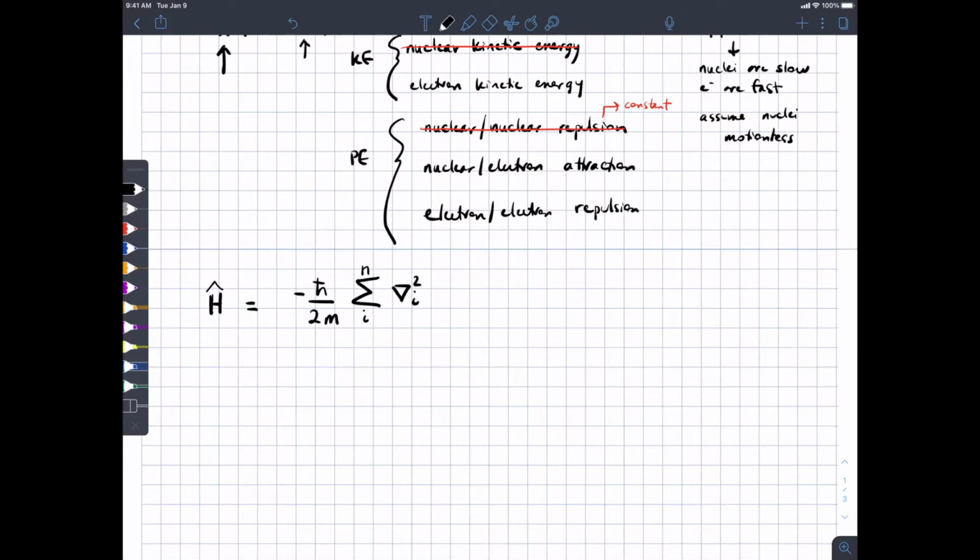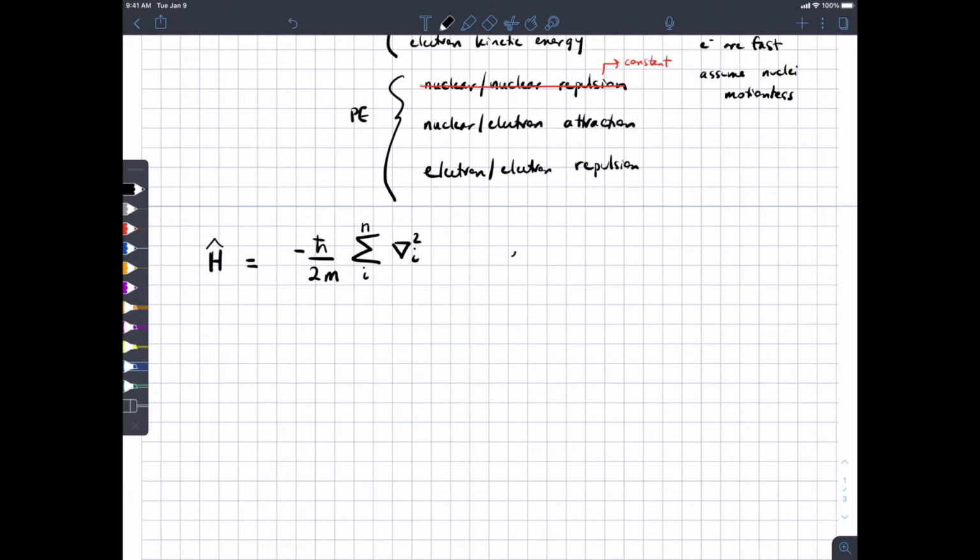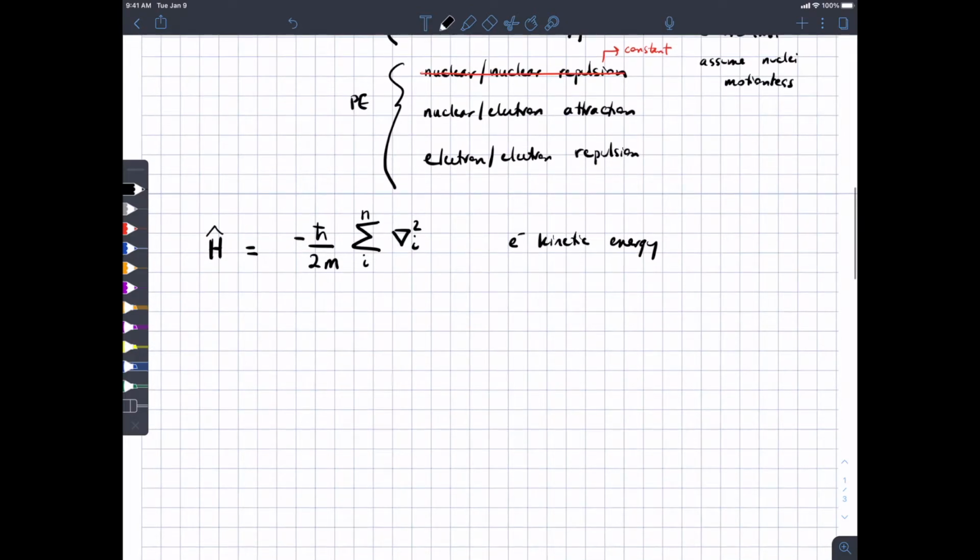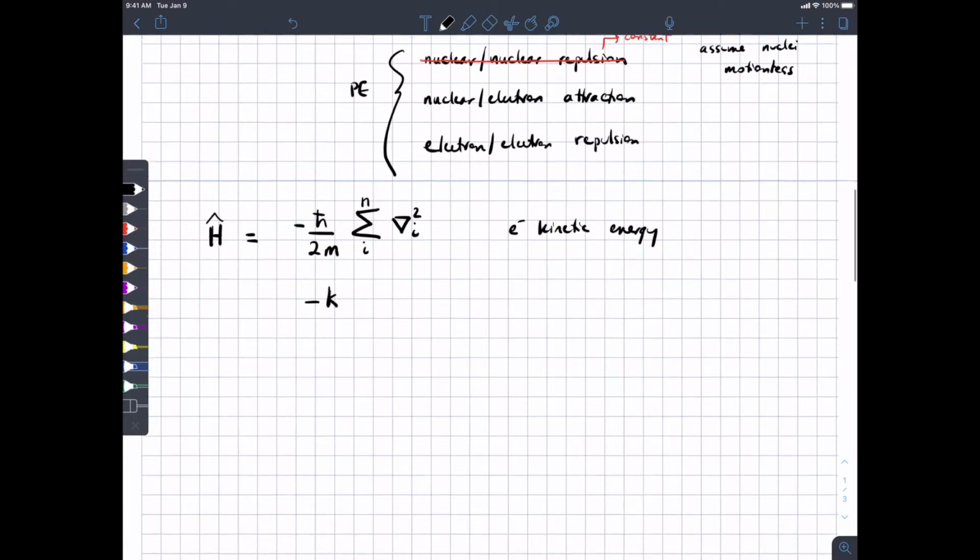Okay, so that handles electron kinetic energy. And then to deal with nuclear electron attraction, we're going to simply use Coulomb's law. So constant K, K is just the constant that comes in front of Coulomb's law. It's 1/4 pi times vacuum permittivity, but who cares?